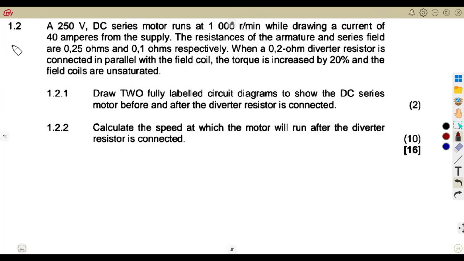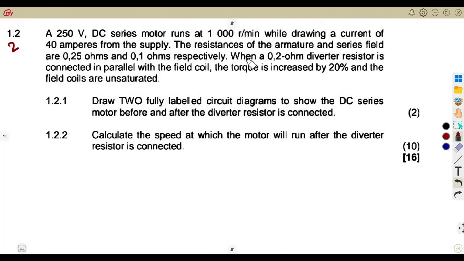Okay, 1.2. A 250 V DC series motor runs at 1,000 revolutions per minute while drawing a current of 40 amperes from the supply. The resistances of the armature and the field, respectively, were given.